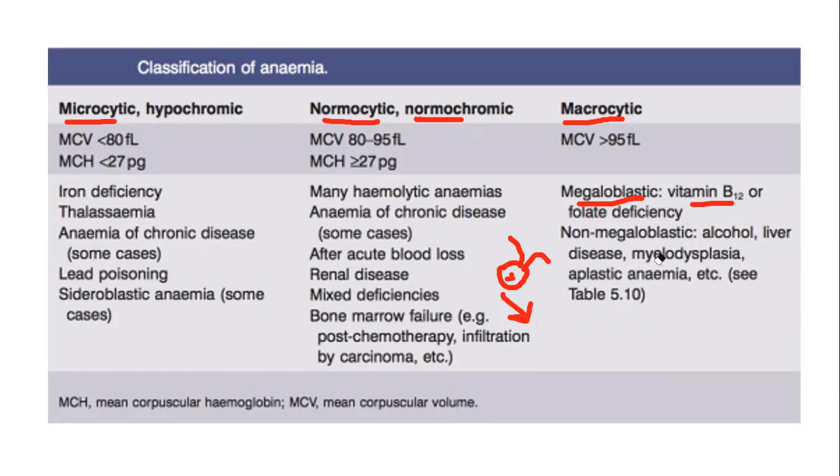What are the underlying causes of myelodysplasia? The presentations are that the patient easily gets tired, has difficulty breathing, or pale skin. Frequently they get infections, or easily catch infection. So next, another cause, aplastic anemia.